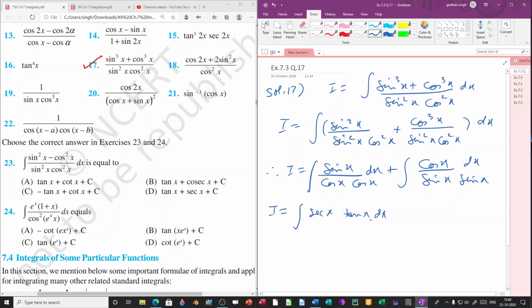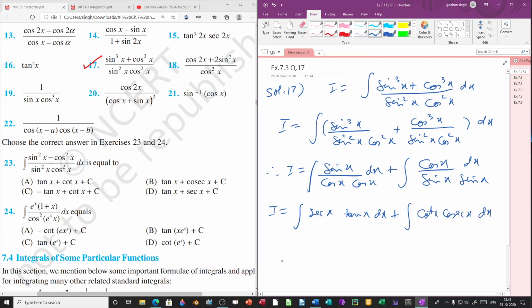So, I equal to integration of sec x tan x dx plus integration of the other part, we can write cos by sin as cot x into cosec x dx.